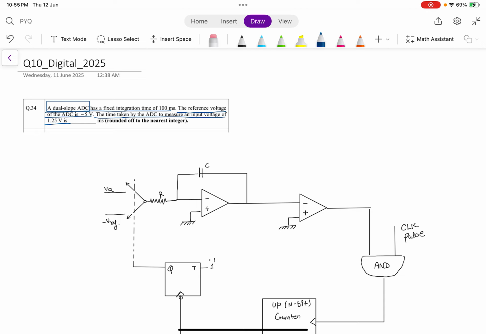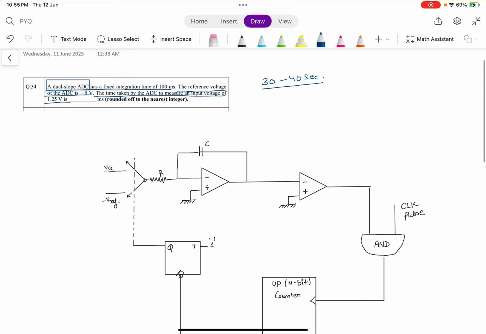Although this question takes only 30 to 40 seconds to solve, I will not directly solve it. I will provide you the complete concept on dual slope ADC, so that in future you can solve any type of question based on dual slope ADC.